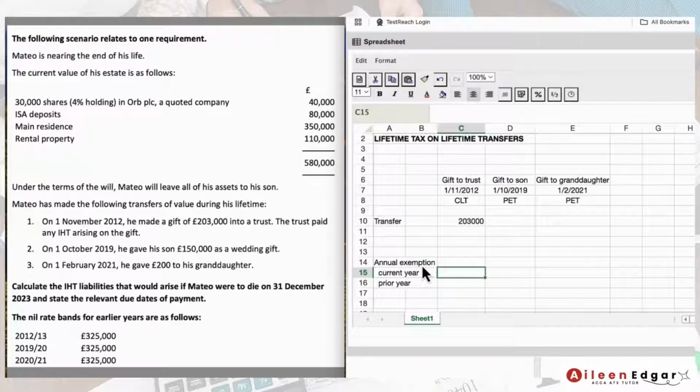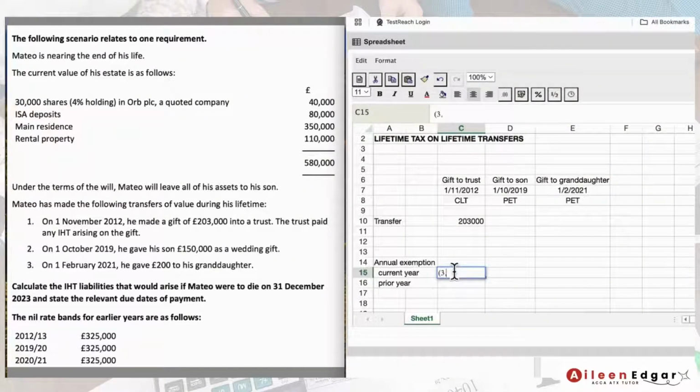So annual exemptions then, it's £3,000 and it's set off against the first transfer that happens in a tax year, whether it be a CLT or a PET, doesn't matter. Now in this tax year we're looking at here, which is tax year 2012-2013, we have only been given information about this CLT, so it's going to get the annual exemption that would apply in that year.